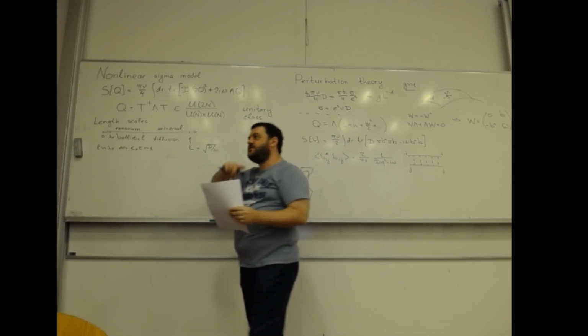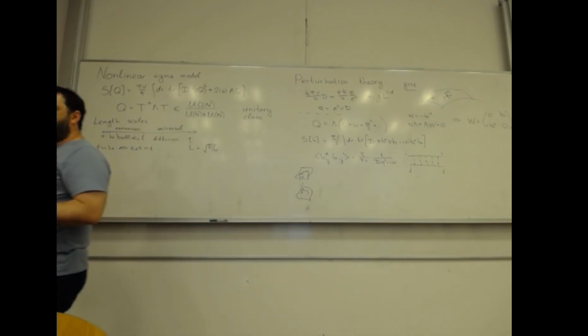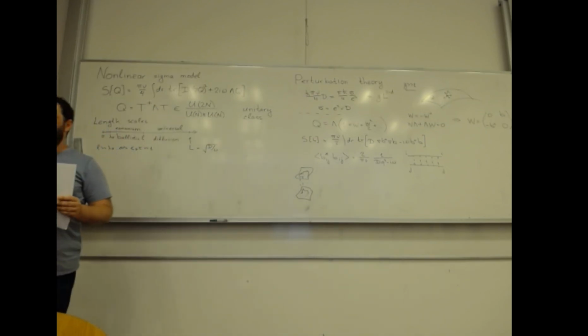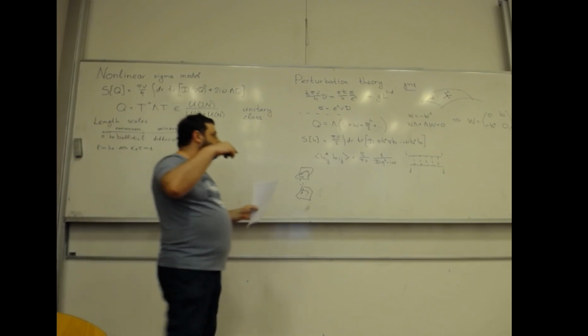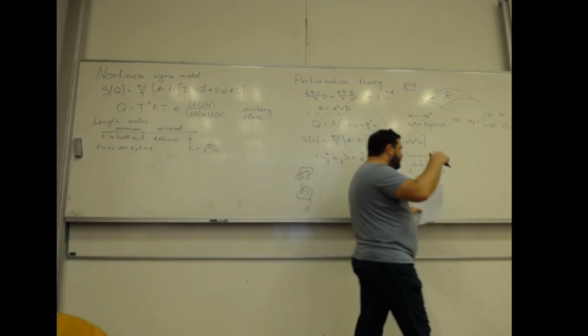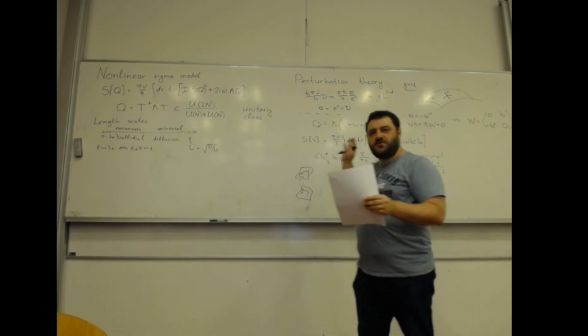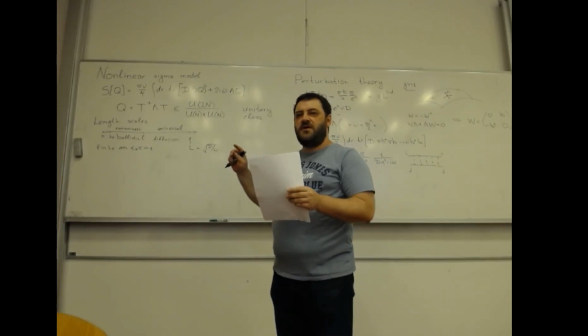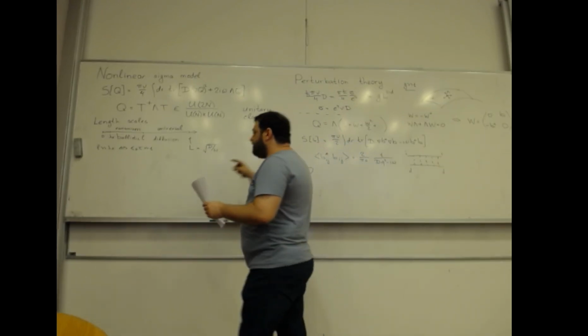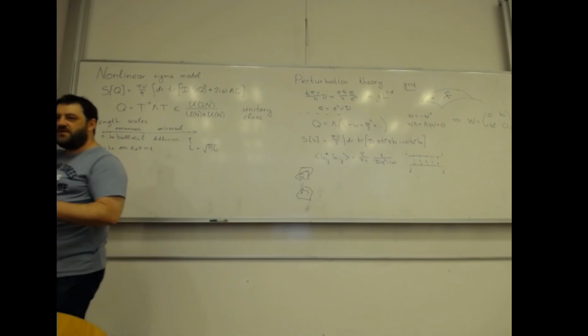Remember when we discussed the scaling laws, there were three cases. It was orthogonal, symplectic, and unitary. Orthogonal had weak localization, negative correction. Symplectic had the same but positive. And for unitary, I told you that there is zero, but you have to go to even higher order, and then you get a smaller, but still negative correction.